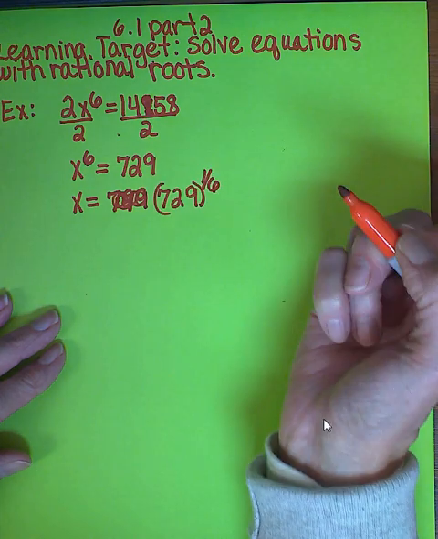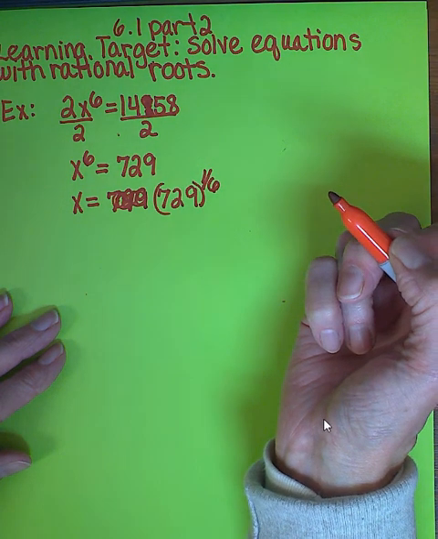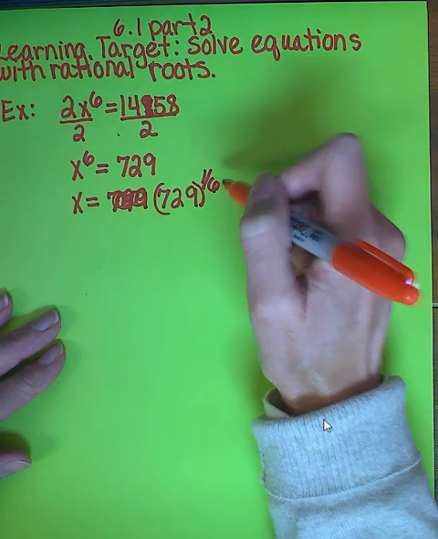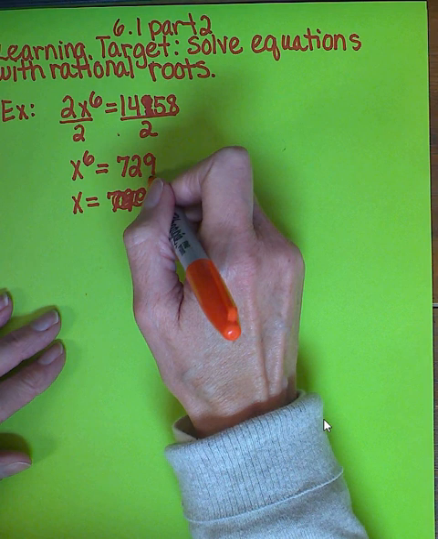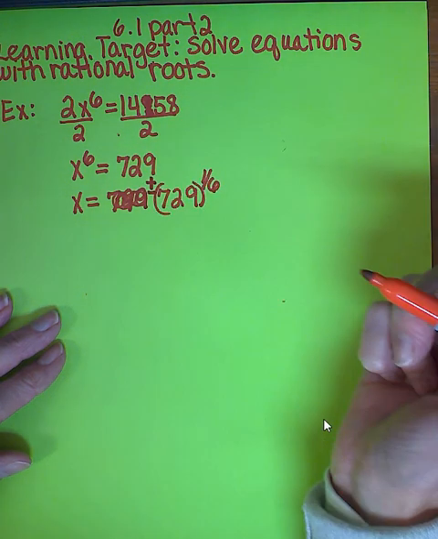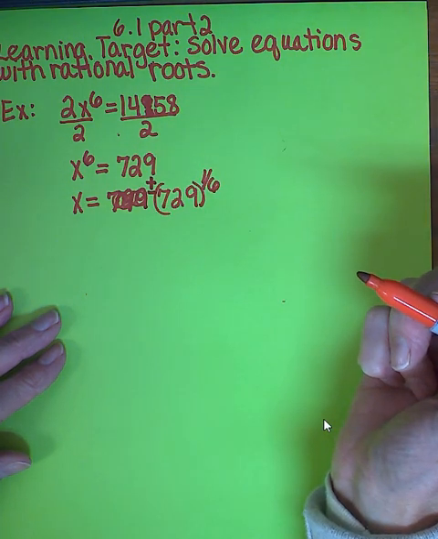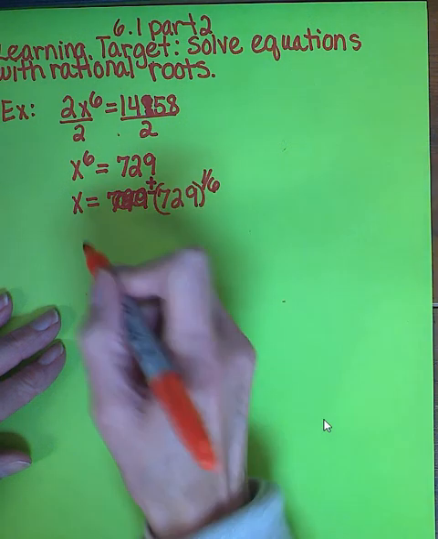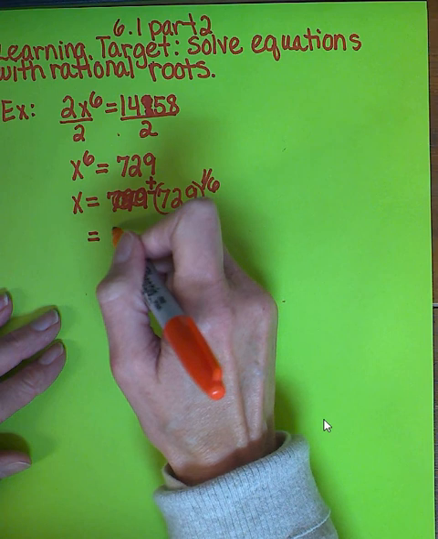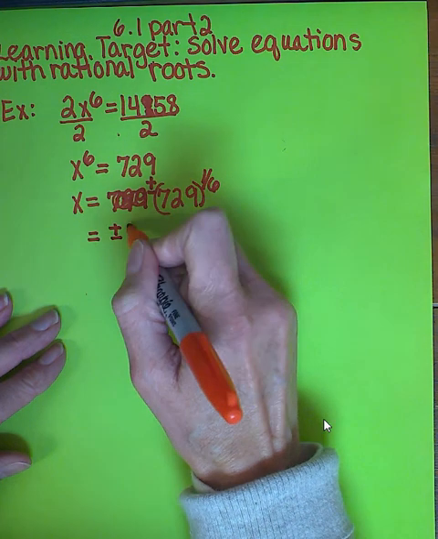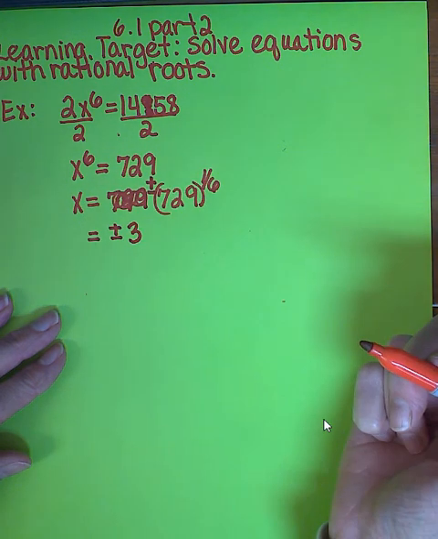That would be the same as the 6th root. When you're taking an even root, though, remember that you have to put a plus or minus in front of your answer. Because just like with square roots, you're going to have 2 answers that will work with an even root. So then you could enter that in your calculator and you would get plus or minus 3.